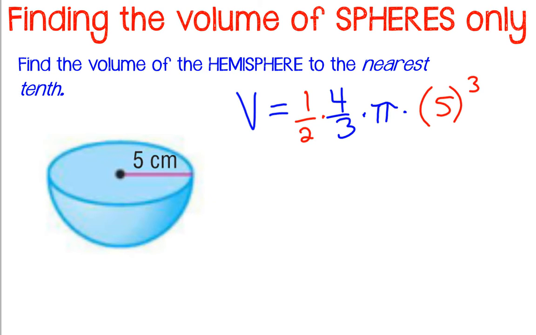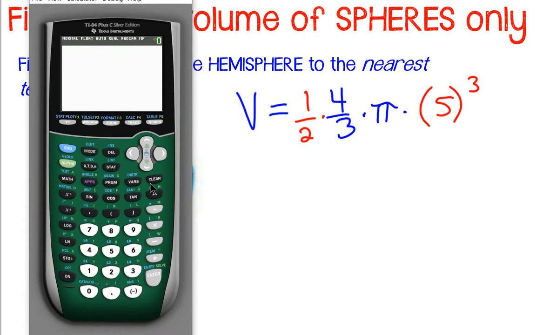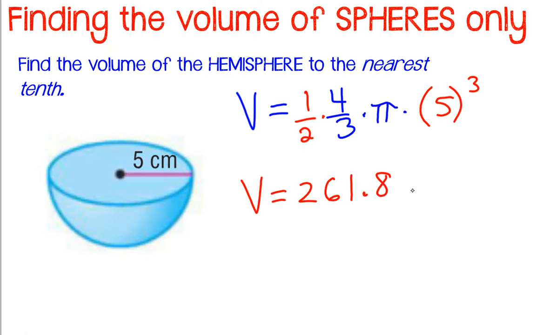Turn on my calculator, and I don't feel like typing 1 divided by 2, so I'm just going to type 0.5, because that's the same as 1/2. So 0.5 times parentheses 4/3, times pi times 5 raised up to the 3rd power. So when rounded to the nearest tenth, my volume is 261.8 centimeters cubed.